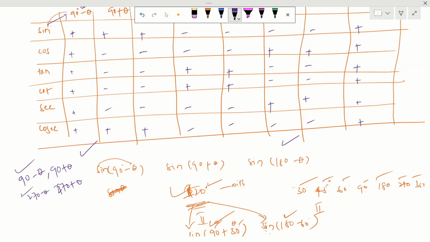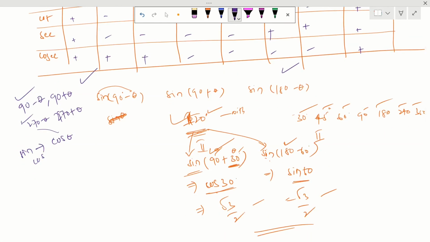In the case of 90 and 270, sine will be converted into cos, cos will be converted into sine, tan will be converted into cot, secant will be converted into cosecant, and cosecant will be converted into secant.